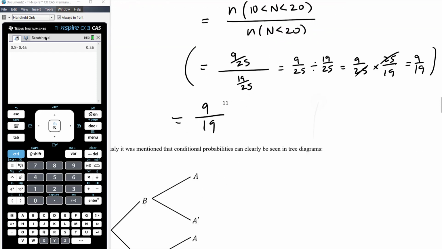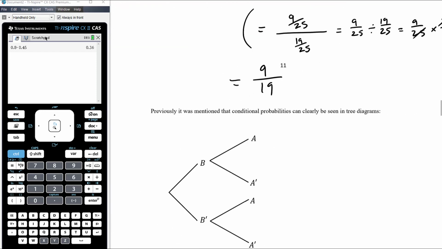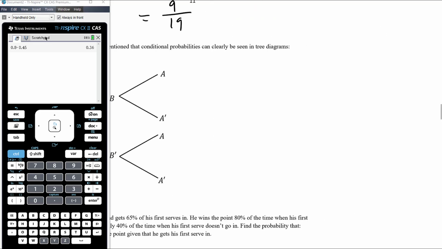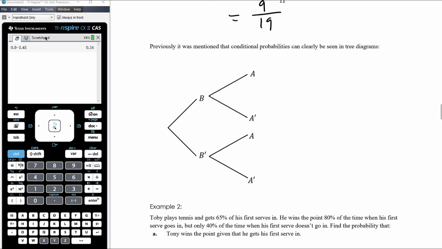All right, so previously it was mentioned that conditional probabilities can be clearly seen in tree diagrams. As you know, we've got first stage B can either happen or not happen, and at second stage A can either happen or not happen.